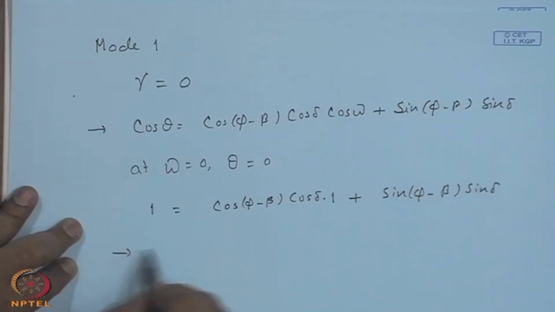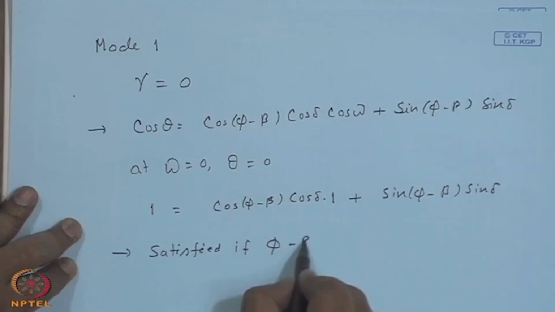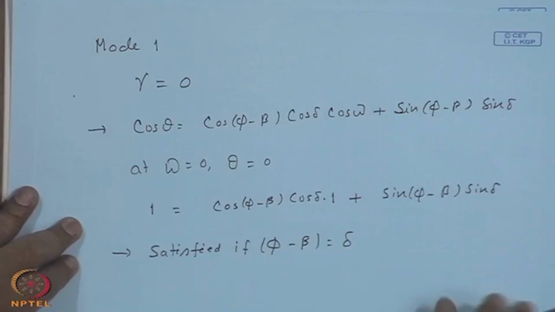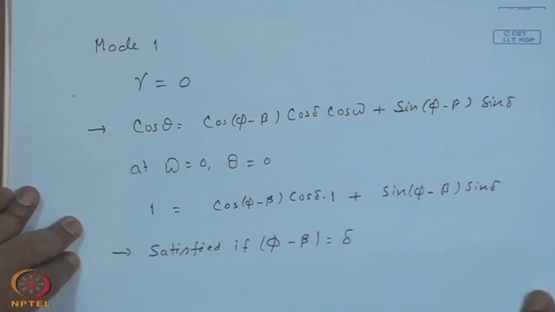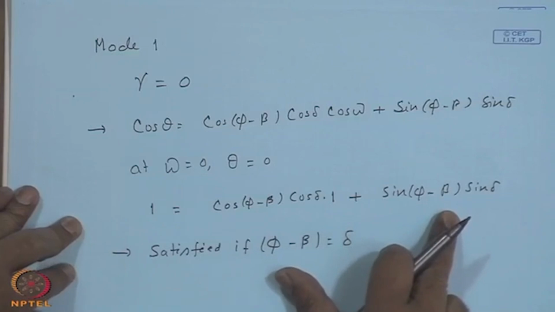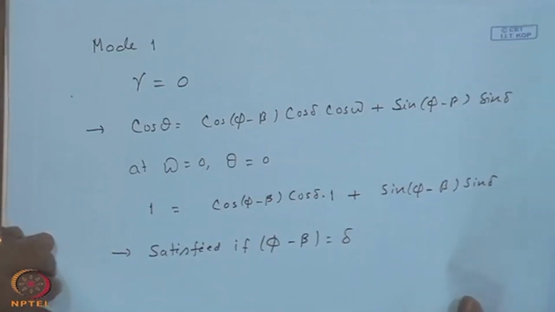So, this is satisfied if phi minus beta is equal to delta, right. Then this becomes cos squared delta plus sin squared delta, which is always equal to unity.